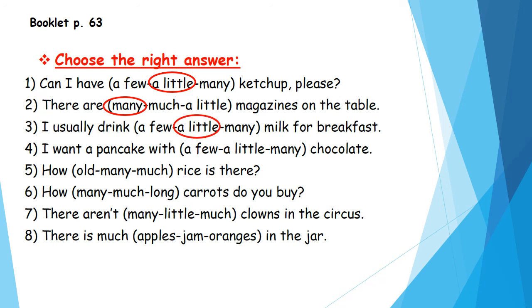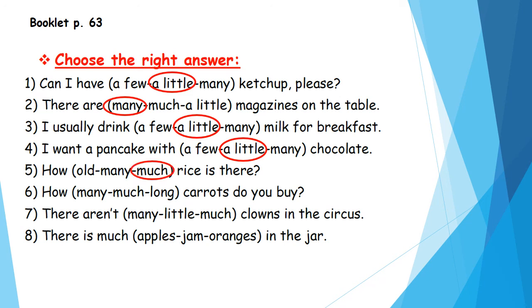Number 4. I want a pancake with a few, a little, many chocolate. Chocolate is uncountable. So we'll choose what? Super, a little. Number 5. How many, much rice is there? Okay, rice is uncountable. So we'll choose what?